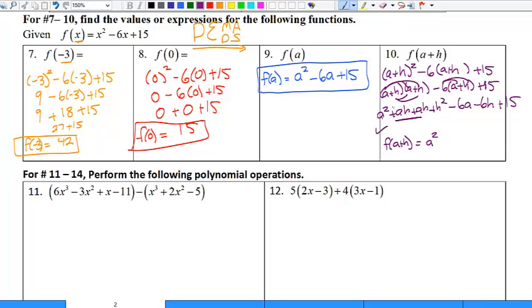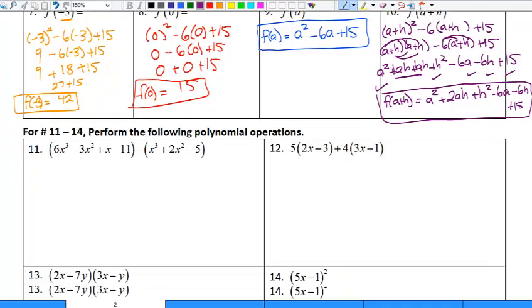Ah plus ah. Notice there's an invisible 1 there. So if you have one ah plus another ah, that's two ah. Plus h squared, got that one, minus 6a minus 6h plus 15. And all of that is your answer.